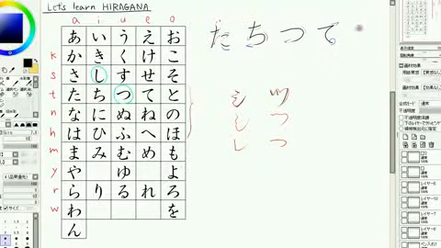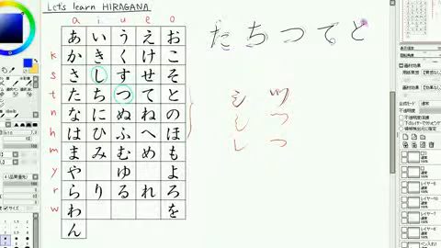Okay, last one, to is you start from the left top and you go diagonally downward and you stop, and you start from here, which is lower than the first stroke, from here, and you go crossing this part, touching this part, and then you go ahead and there's a curve and you stop like this.